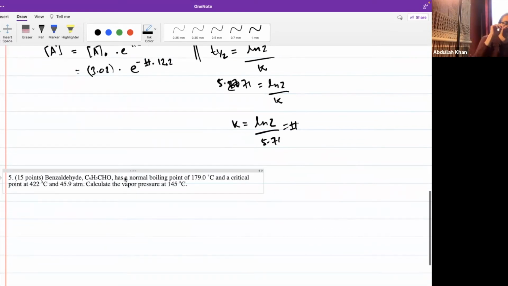Great. What do we have for vapor pressure? I believe I did not go over the equation in class, but you should have seen it in lecture.